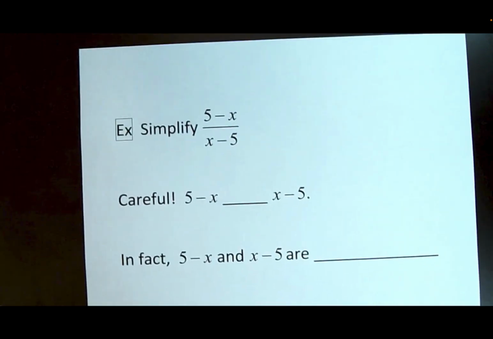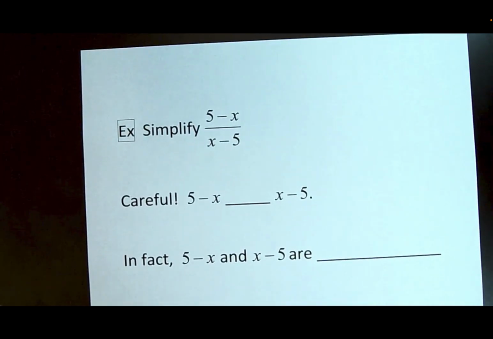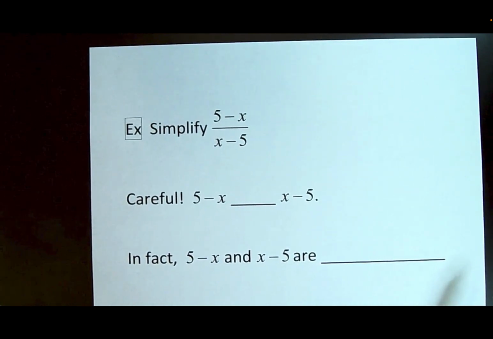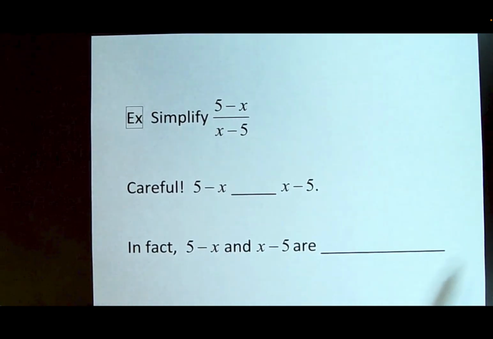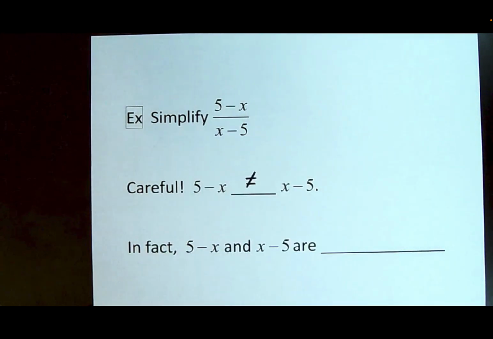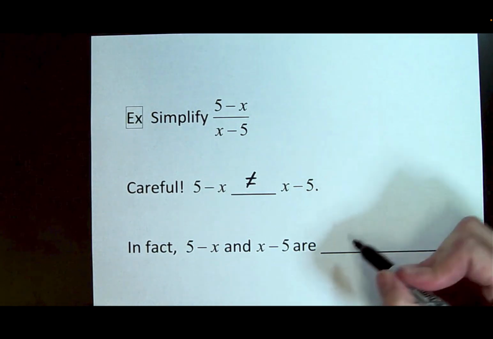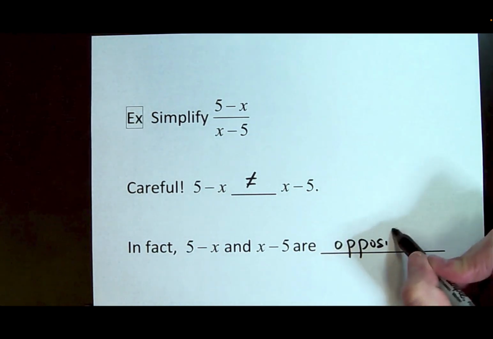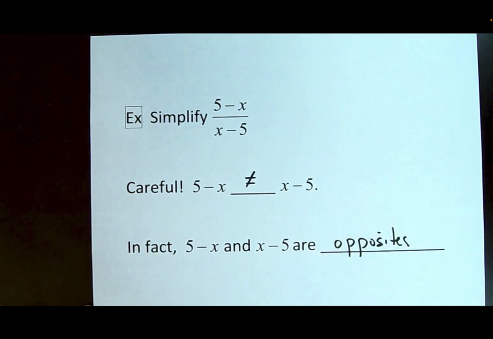Now, what if we had 5 minus x over x minus 5? Be careful here, because 5 minus x is not equal to x minus 5. In fact, 5 minus x and x minus 5 are opposites, right?